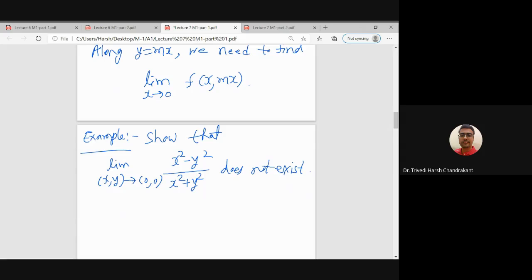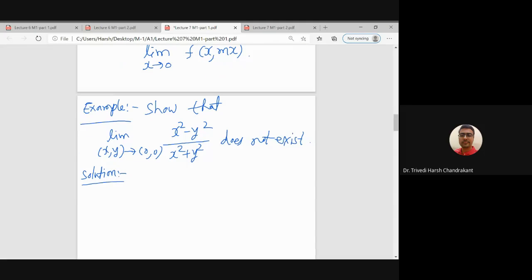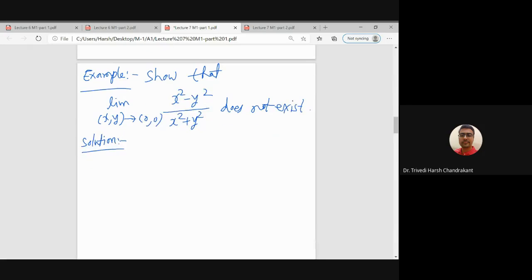So we want to prove this, right? Here it was in the question itself that we need to prove that it does not exist. Whenever we want to prove the limit does not exist, we need to find two different paths along which the limit is different.